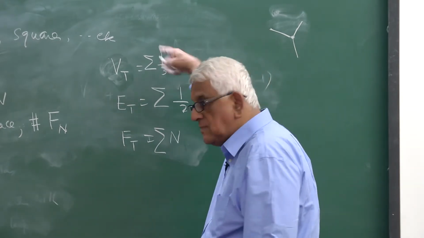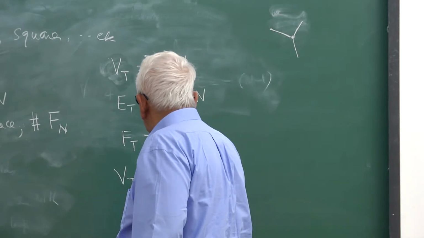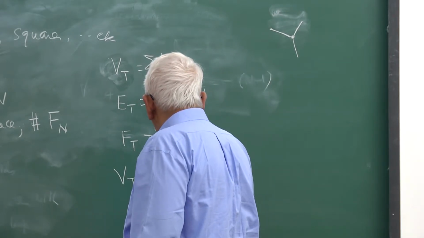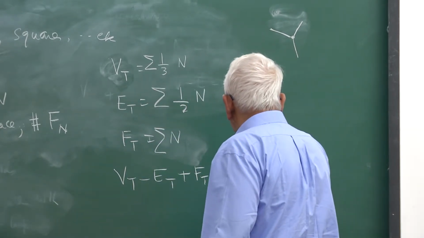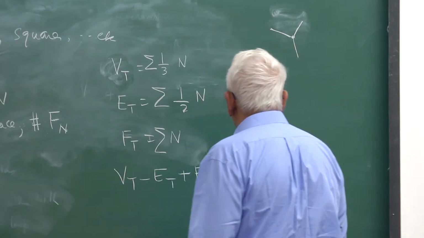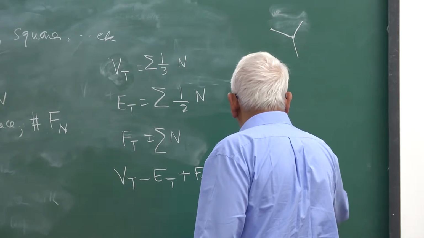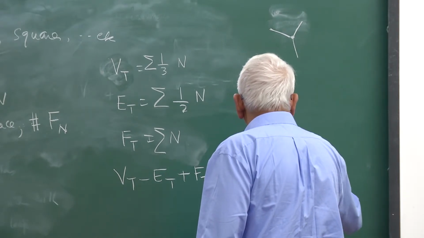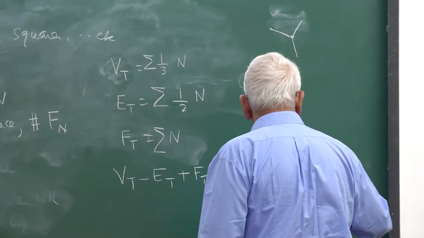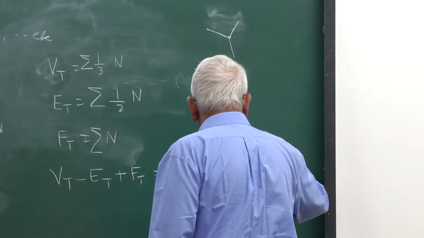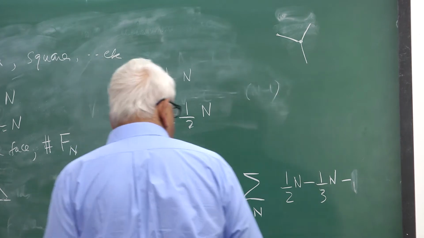So for each one of them, you have this rule. Then V minus E plus F is equal to the summation over n of (1/3 n minus 1/2 n plus 1) F_n.